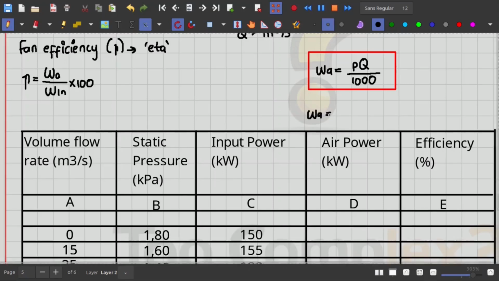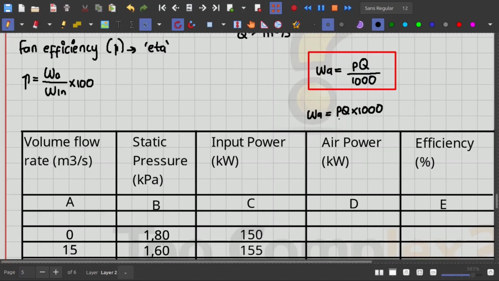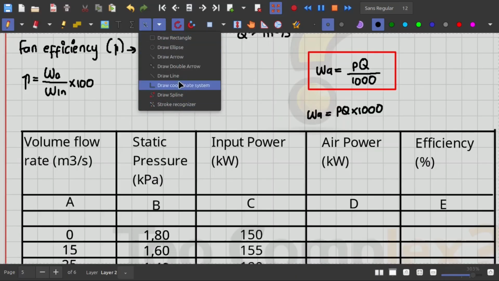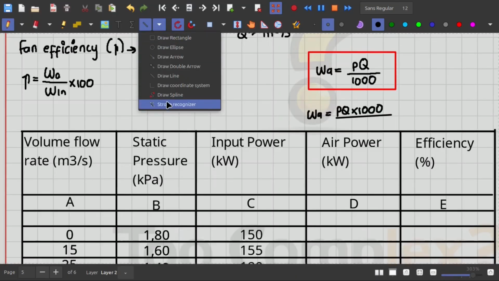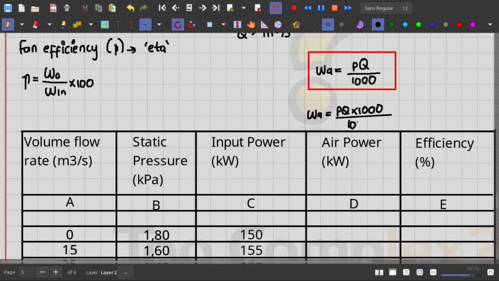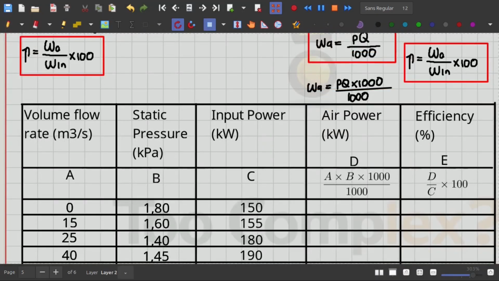So we need to do a conversion. Therefore, our air power is going to be A times B, multiplied by 1,000 to convert to pascals, divided by 1,000 to convert to kilowatts. That's how that equation works.